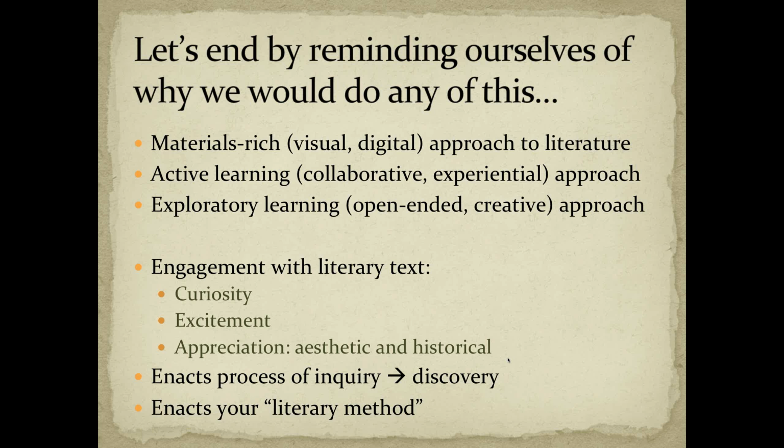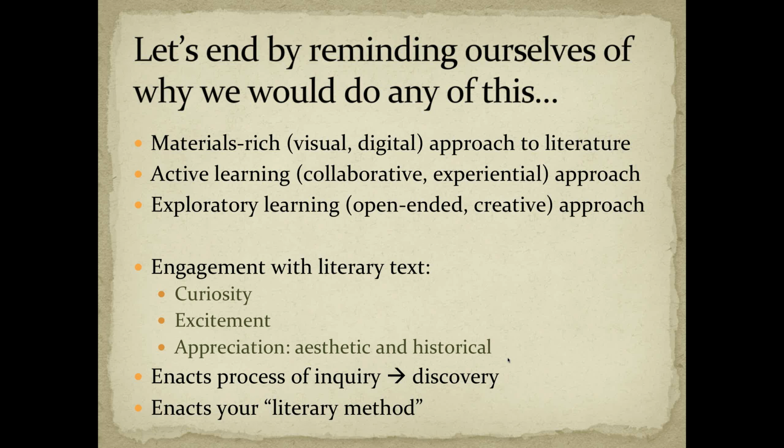How do we capture curiosity or excitement or aesthetic appreciation in the classroom? But that's, again, where I'm hoping that some of these exercises can actually do that and use old literature, the literature that students often think of as a bit dusty, to do that. Again, this enacts the process of inquiry moving to discovery.